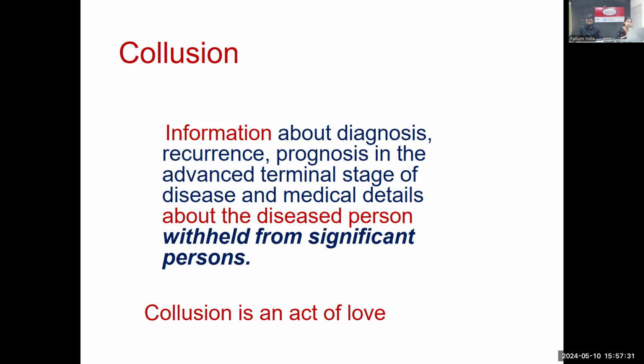And collusion is usually done as an act of love. For example, anyway, she's doing fine, right? Then why should we break this news and let her know that her diagnosis is poor, and make her feel bad again? We'll just let her be how she is. We usually do this as an act of love. We withhold information as an act of love.